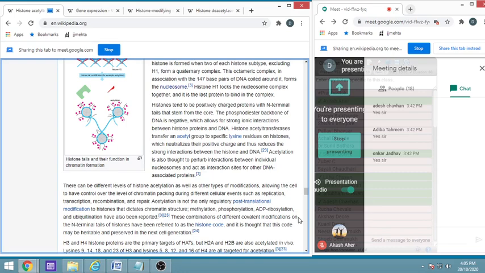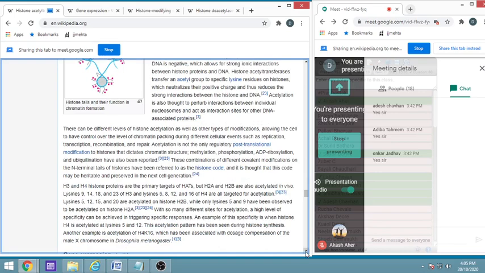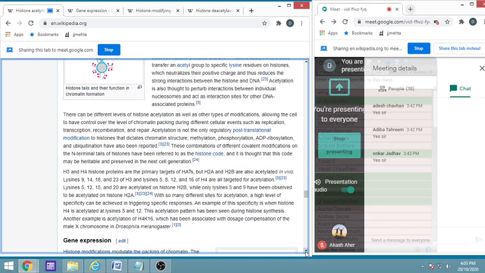The combination of different covalent modifications of histone proteins is referred to as the histone code, and it is thought that this code may be heritable and preserved in the next cell generation. So if anything goes wrong with this histone code, it can also cause genetic problems. This is how this whole system is working.